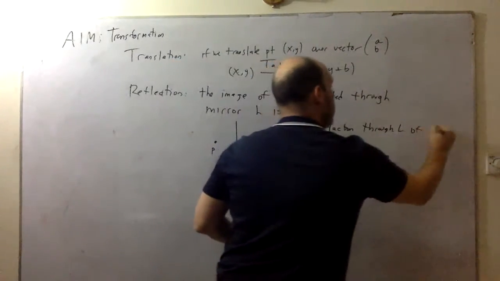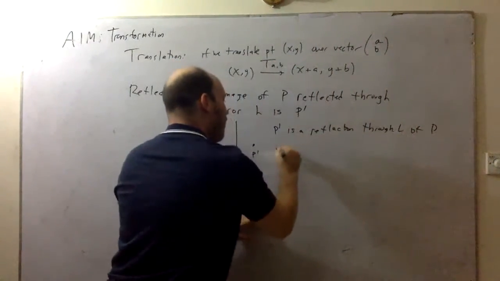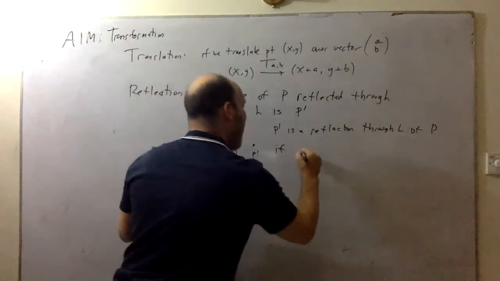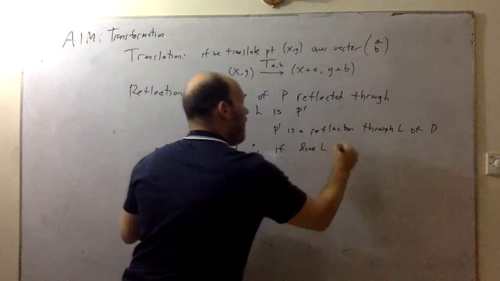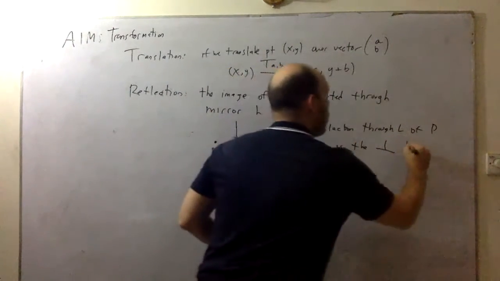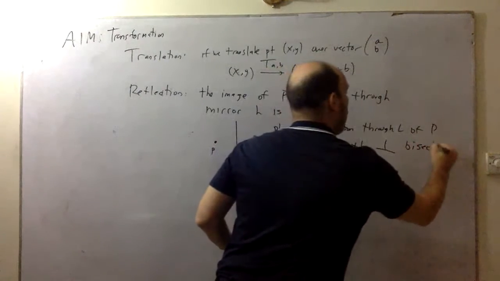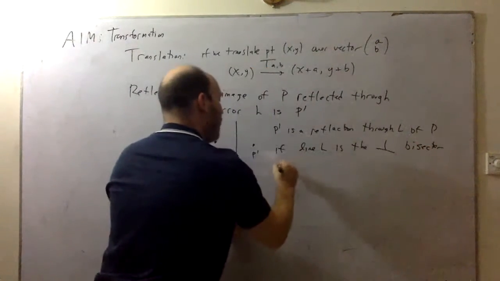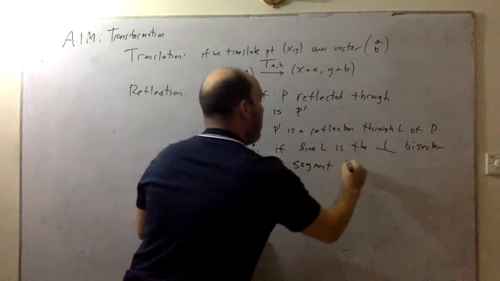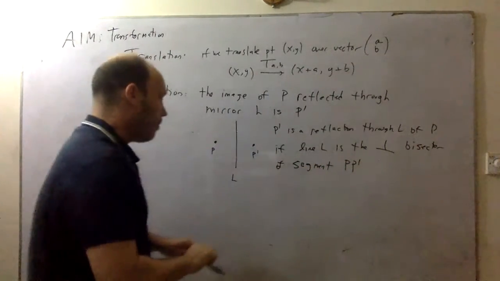of P if, think about this, line L is the perpendicular bisector of segment PP prime.